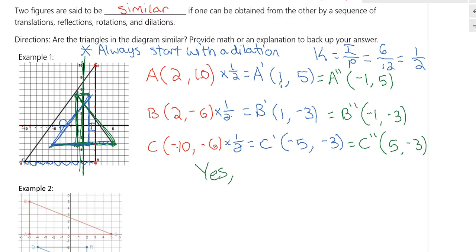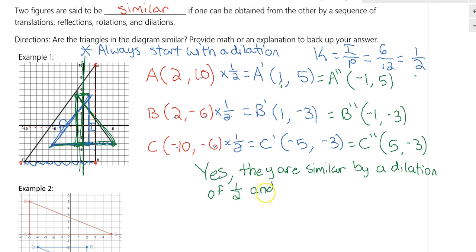So yes, they are similar, by a dilation of 1/2 and a reflection across, right, we flipped it across the y-axis.